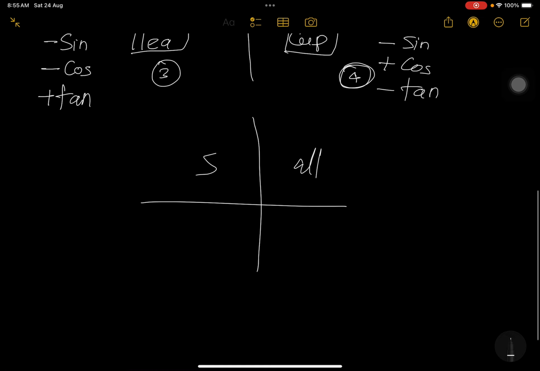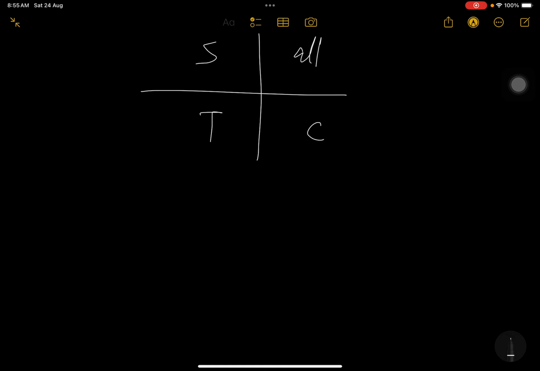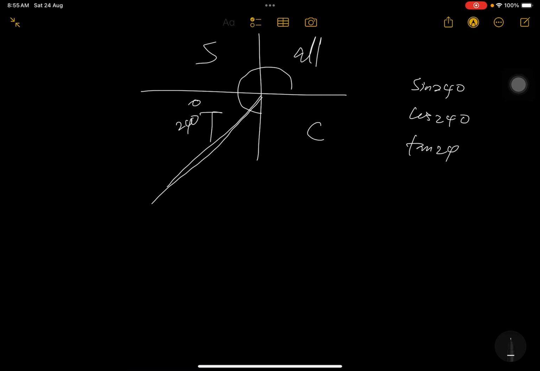All Silver Tea Cup. For example, if you take any value in this quadrant of the circle, like 240 degree, for example sine 240, cos 240, tan 240, you can directly say that the tan 240 value is positive. How to find the exact value, we will learn next.